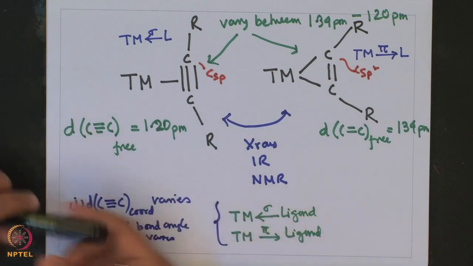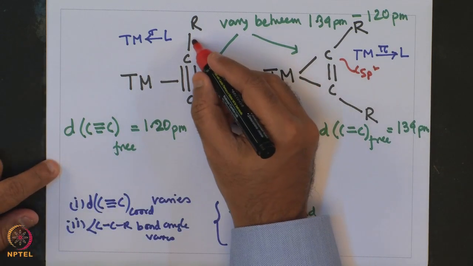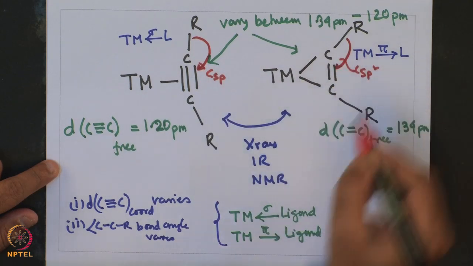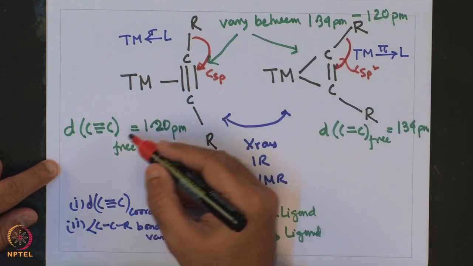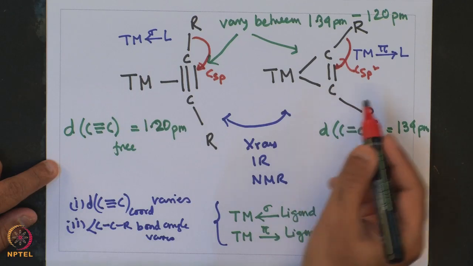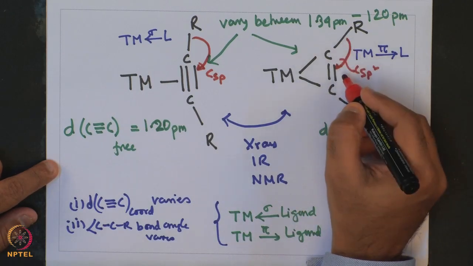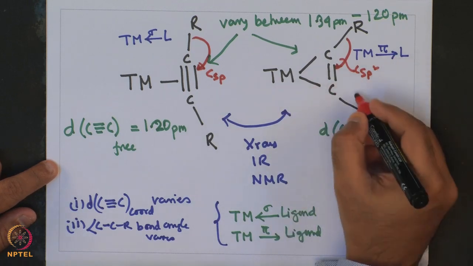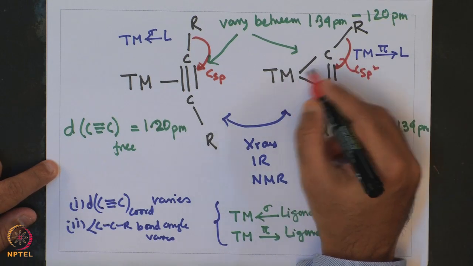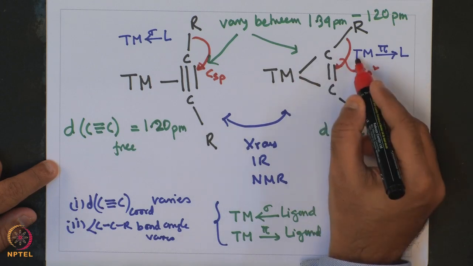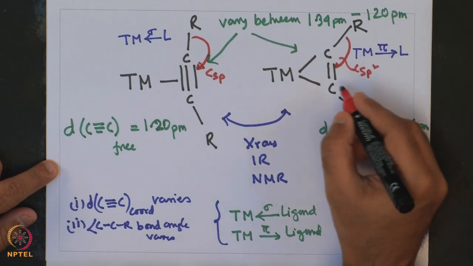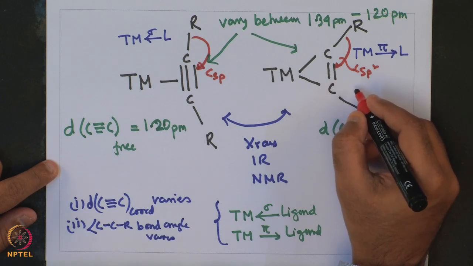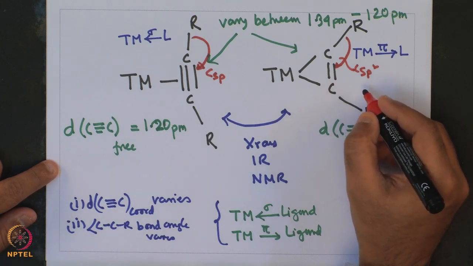So, this angle varies as a result of this forward donation and back donation, and the variation is much more from linearity in case of these complexes. So, in the cyclopropene intermediate where there is extensive metal to ligand pi back donation, this CCR angle varies significantly from linearity.